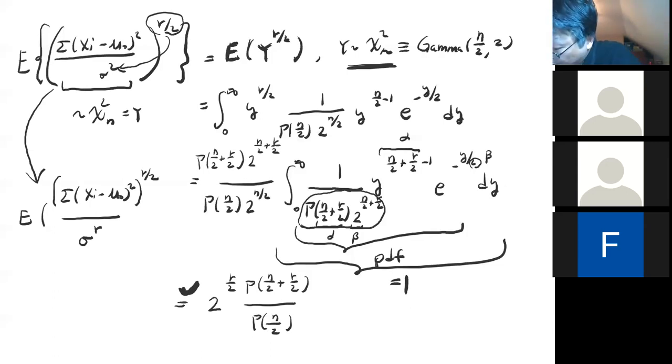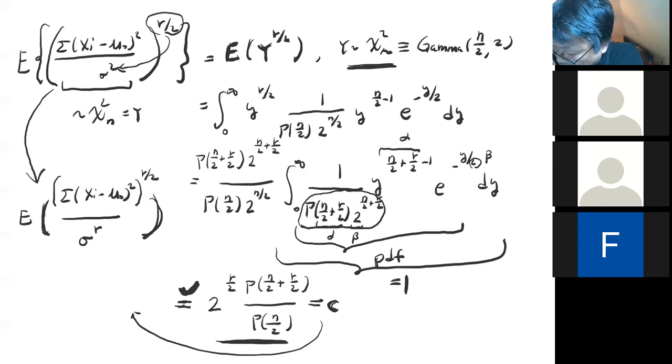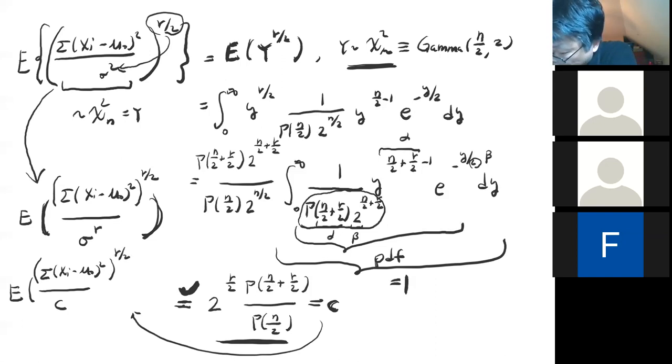So this expectation equals the left-hand side as a constant, say C. That also means I can write expectation of C times summation of xi minus mu 0 squared, taken to the power gamma, equal to sigma gamma. Okay, good. So this is exactly what we are looking for, right?